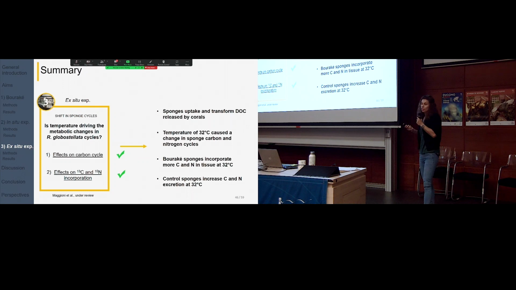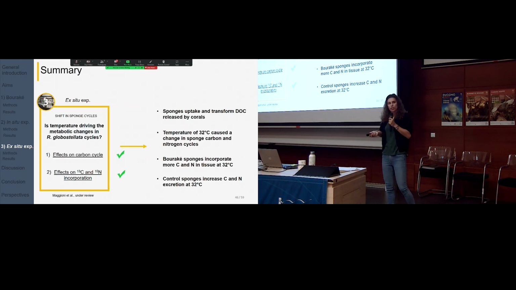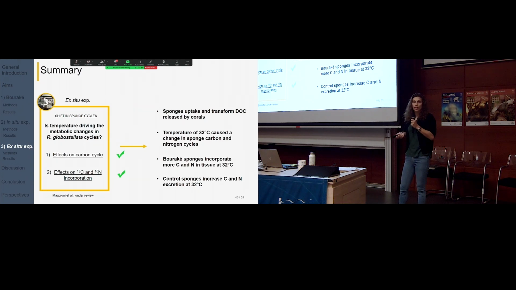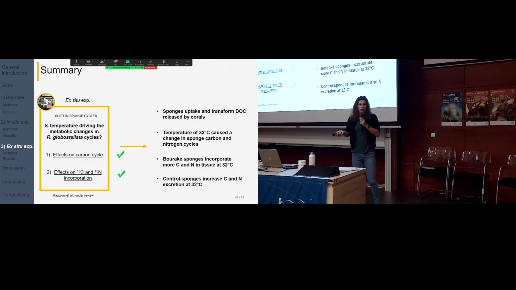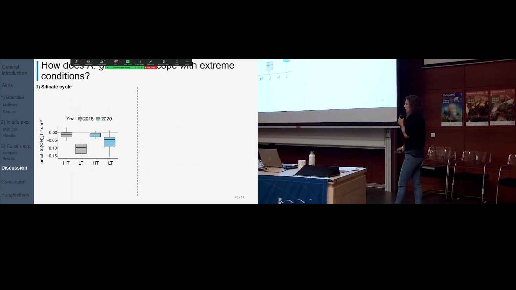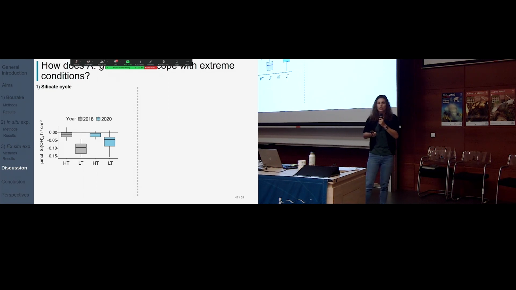But when I started my PhD, my first question was, how is it possible that Rhabdastrella is so massive despite the extreme environmental condition of Buraké? So now I use my findings to answer this question. I showed you that the main metabolic changes were at the level of silicate cycles and carbon cycles.